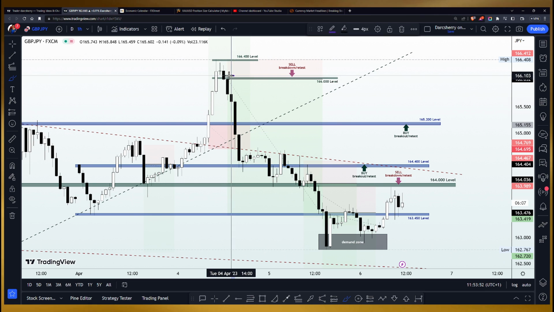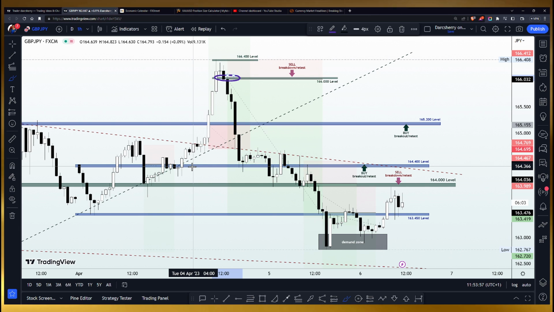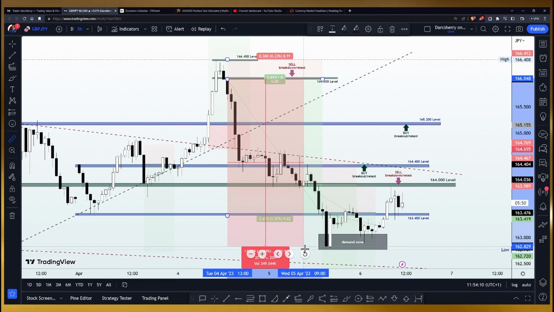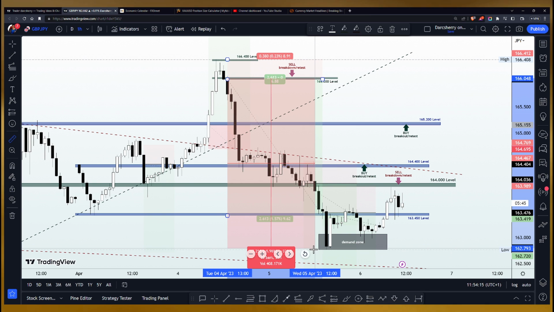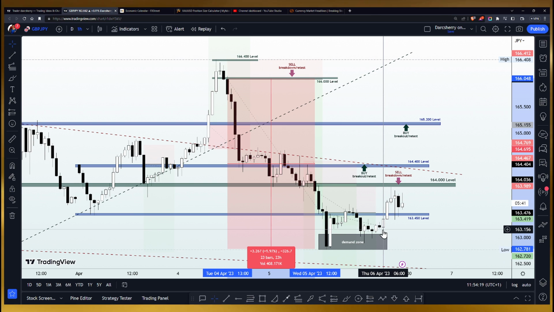Luckily enough for us, we saw the price break down the 166.00 level, and with our sell stop order below that level, we had our first sell position for the week triggered. And since then, you can see what happened in this market. Price action has continued to find lower lows and lower highs, moving a whopping over 320 pips in our direction since Tuesday.